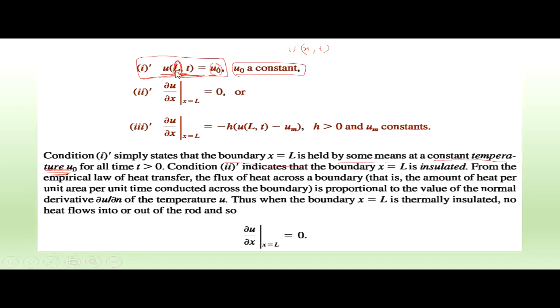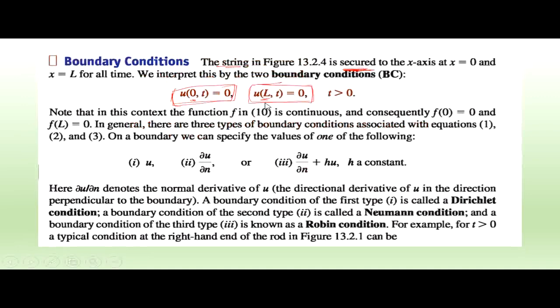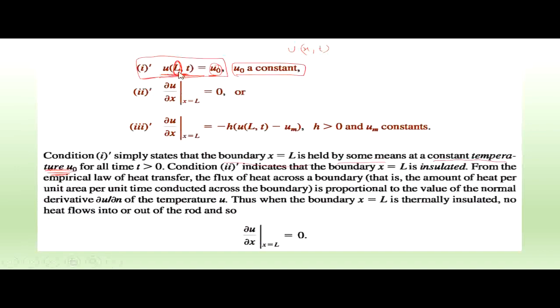But the same u of L comma t for a vibrating string problem is 0. Vibrating is not allowed on both ends, isn't it? There is no vibration on both ends. Actually, we assume that. For the heat equation, it is constant. We consider mu 0 is some temperature remaining at the right end for any time t greater than 0.